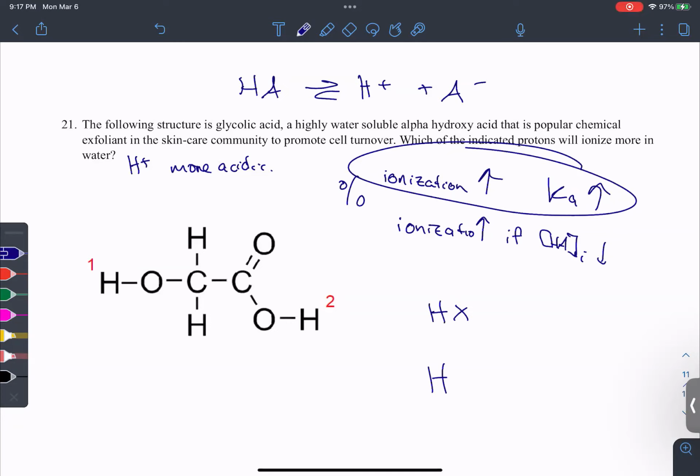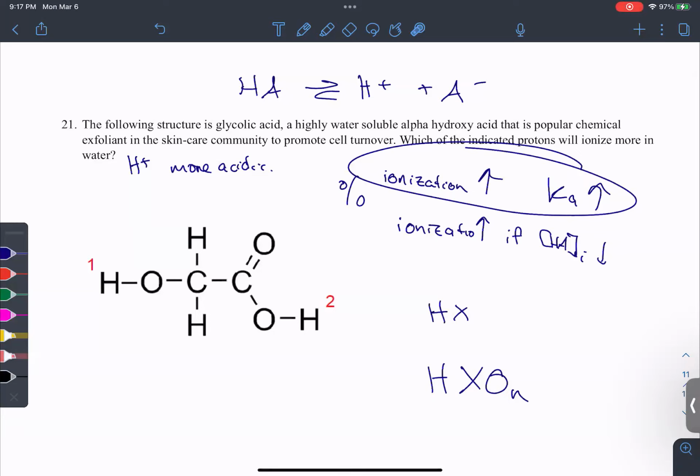I'm trying to think of any other letter. Okay, XO with some oxygens attached to it. So some of the trends that we saw is that as the number of oxygen atoms increases, acidity of your proton increases. As the electronegativity of your X atom increases, acidity also increases.